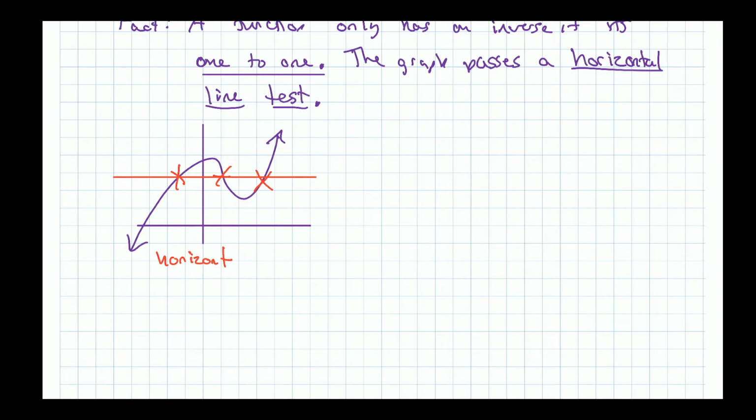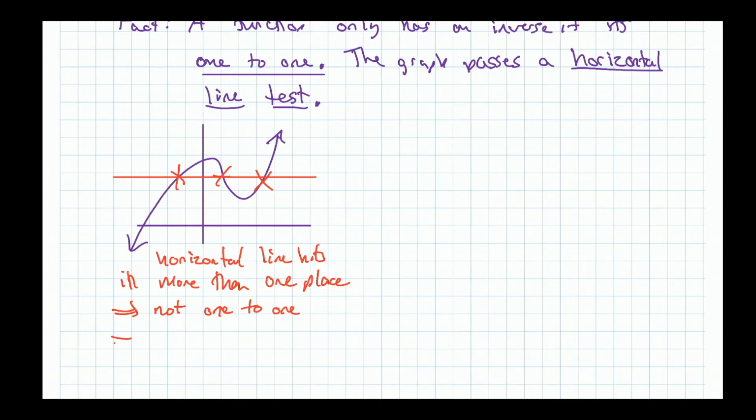The horizontal line hits in more than one place. That means not 1 to 1. Not 1 to 1 means no inverse exists.